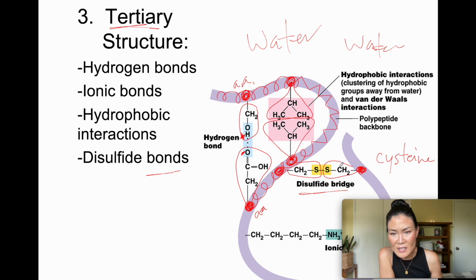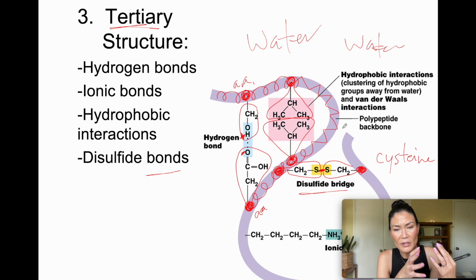So this is a cysteine, this is a cysteine, this is the R group of one cysteine, and this is the R group of another, and they will form a covalent bond that's pretty stable. It's a stable disulfide covalent bond, disulfide bridge, linking this side of the amino acid chain to this side of the amino acid chain, causing it to fold even further.